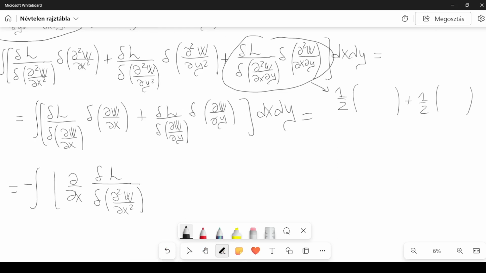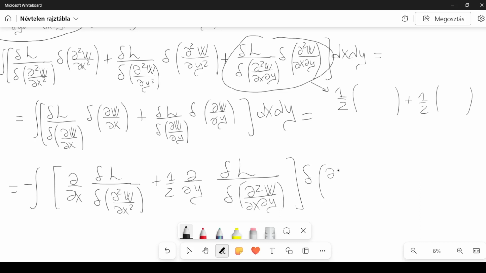So inside the integral I will consider only plus signs. Then I have plus 1/2 derivative with respect to y of the change in L with respect to ∂²w/∂x∂y. This multiplies the change in ∂w/∂x.